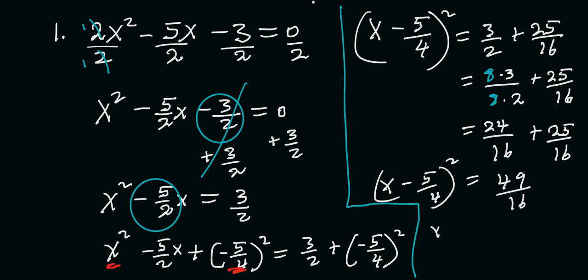So now this will become x negative 5 over 4 equal plus or minus the square root of 49 over 16. And you know, the square root of 49 is 7 and the square root of 16 is 4.